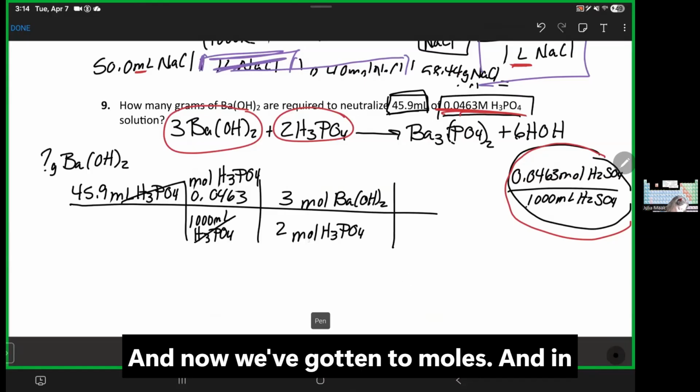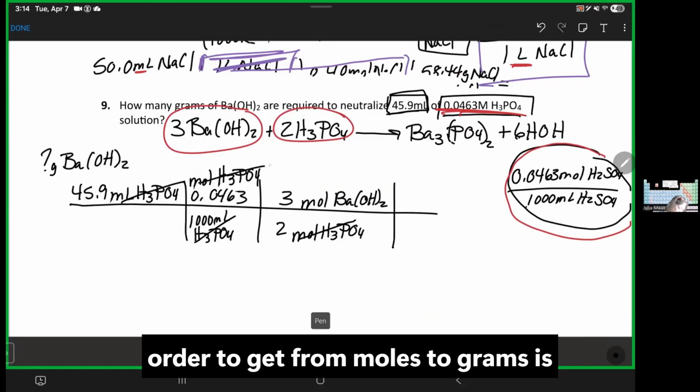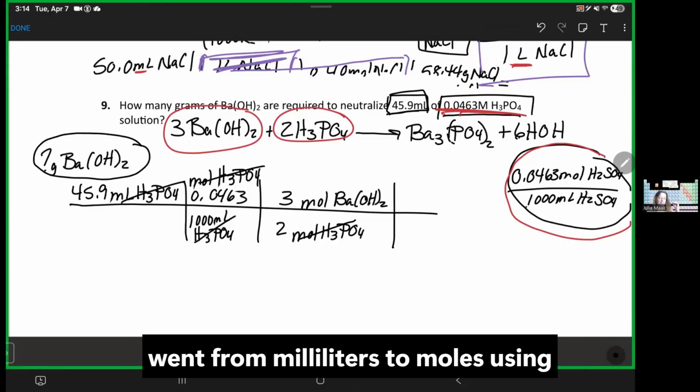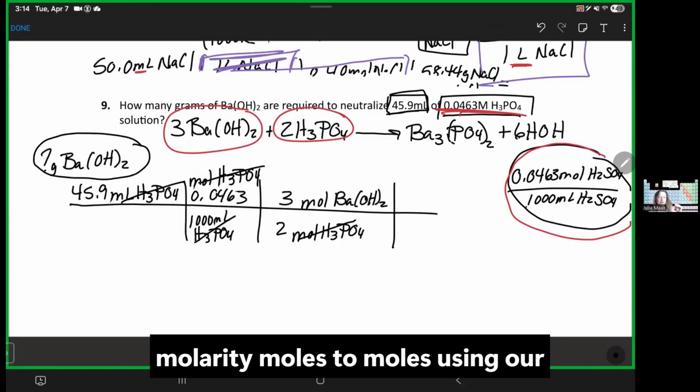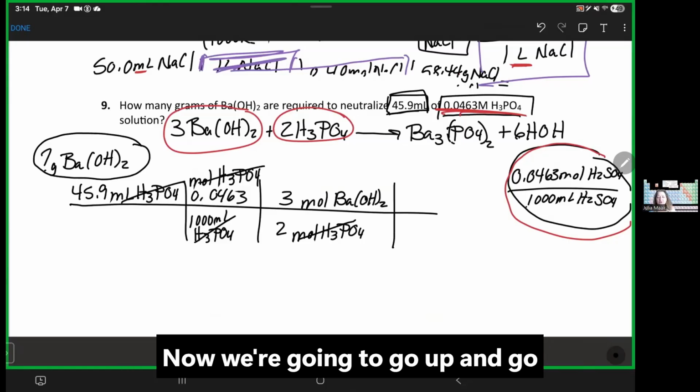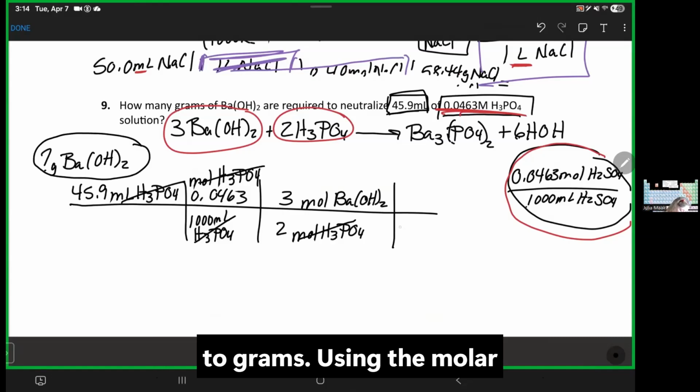And now we've gotten to moles. And in order to get from moles to grams is our molar mass, right? On that map, we went from milliliters to moles using molarity, moles to moles using our stoichiometry, crossing that mole river. Now we're going to go up and go to grams using the molar mass.